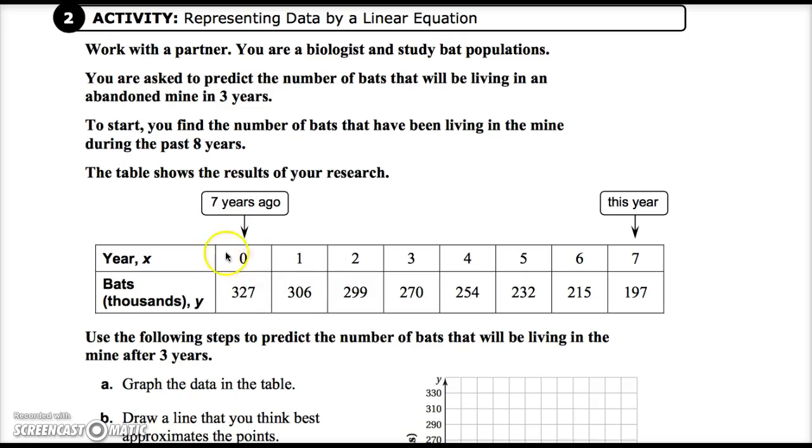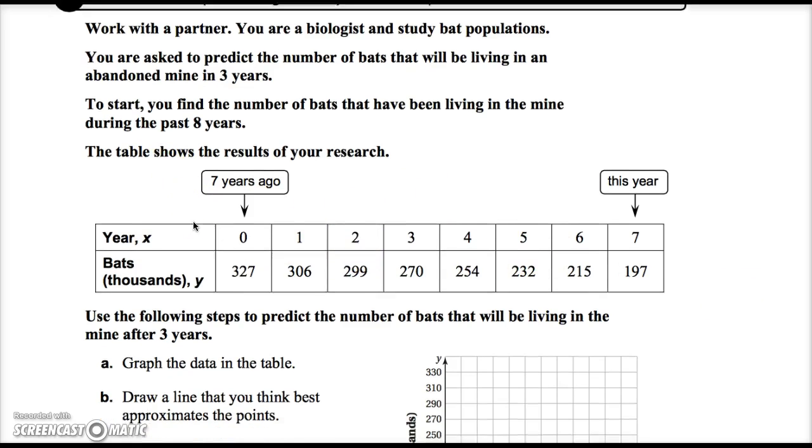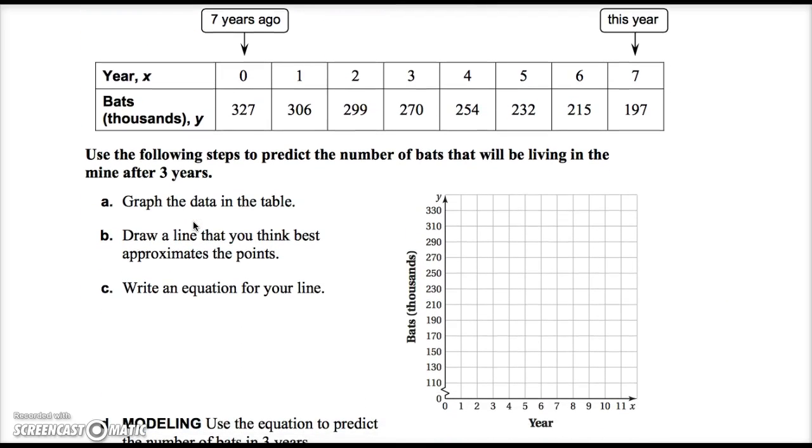So we had when it started 7 years ago, and then after 1 year, after 2 years, and so on. And keep in mind, the number of bats is in thousands. So it's not 327 bats, it's 327,000 bats that were measured at that time.